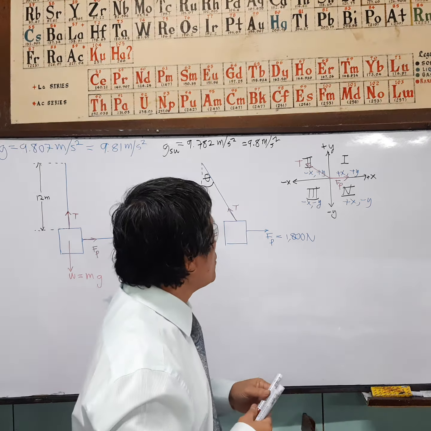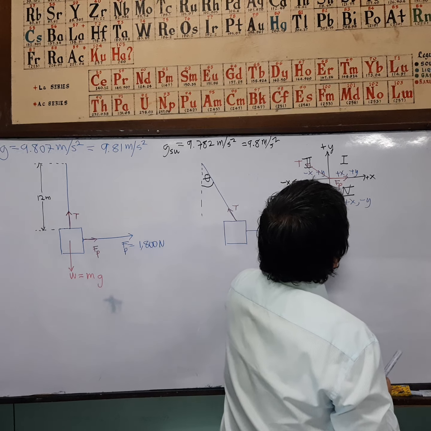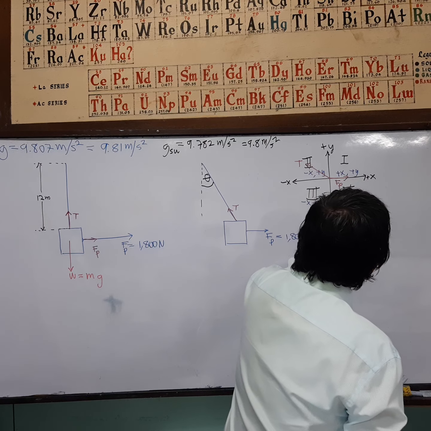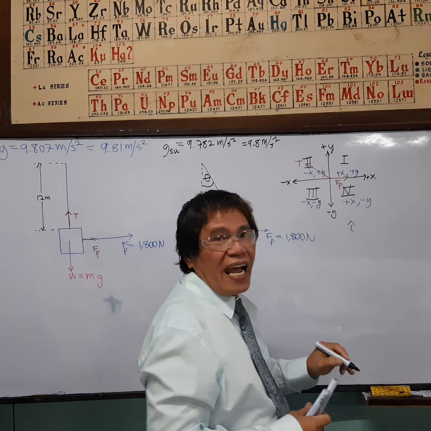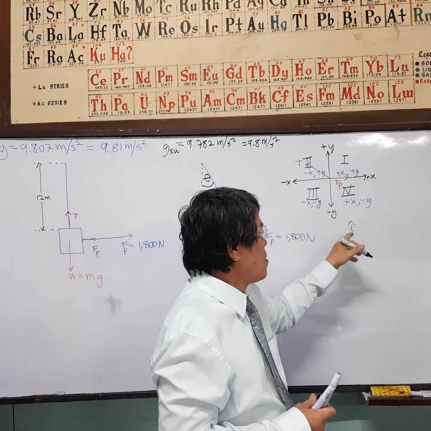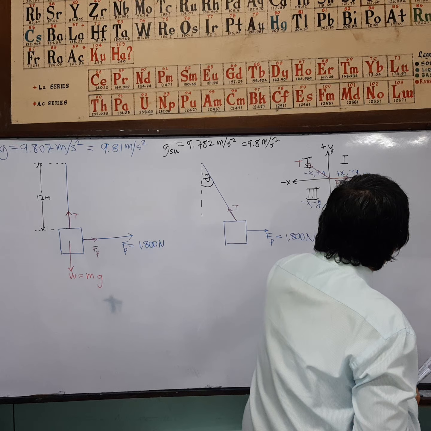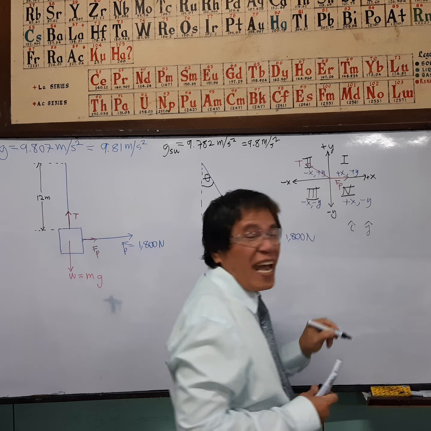So you have unit vectors, I, we call this one I hat, we read this one as I hat. You have J hat.